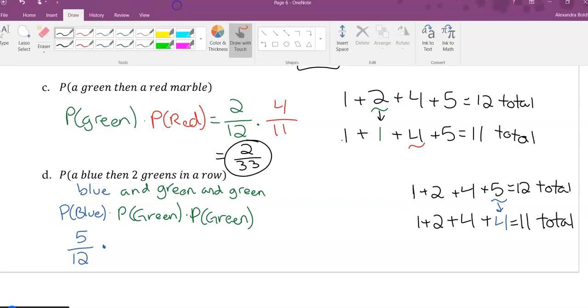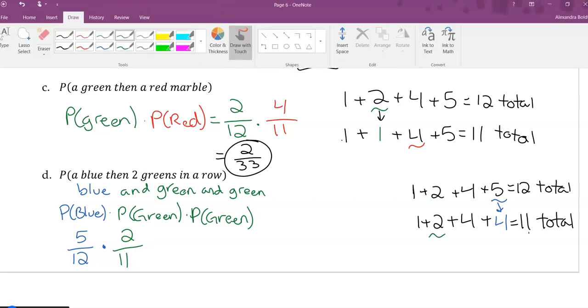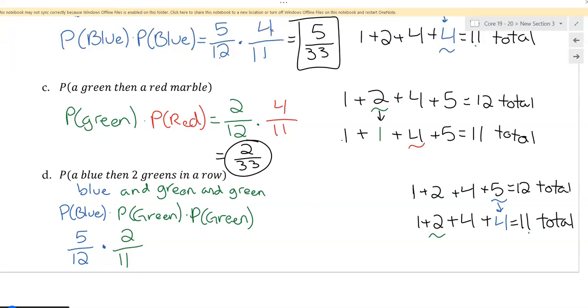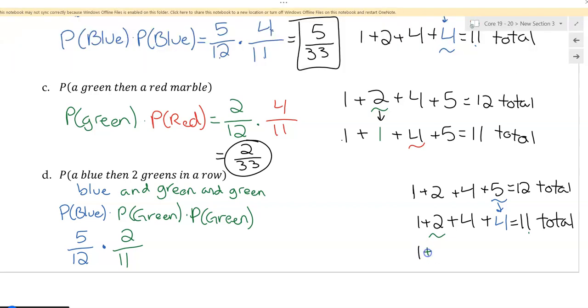So now when I go to choose a green, I have 2 green out of my 11 total. Now I'm doing my next green. Well, I still have 1 yellow. I took a green. I now only have 1 green plus 4, and then still the 4 blue.